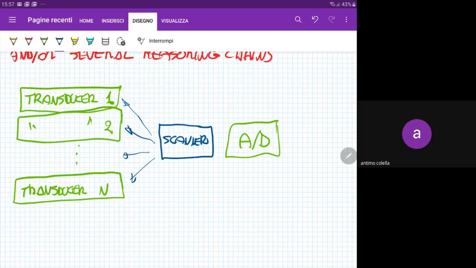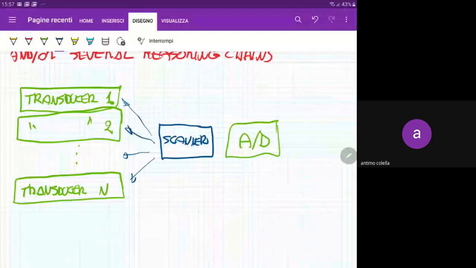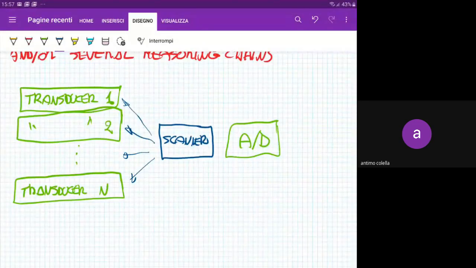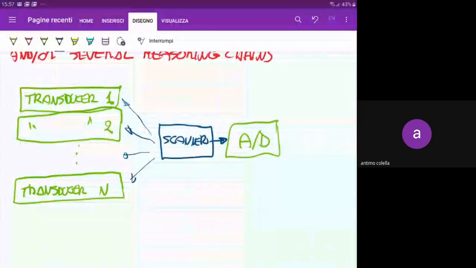So what is done by the scanner is that, time after time, it is asking the transducers what their value is. That information, of course, is passed to the AD converter in order to have the information required.